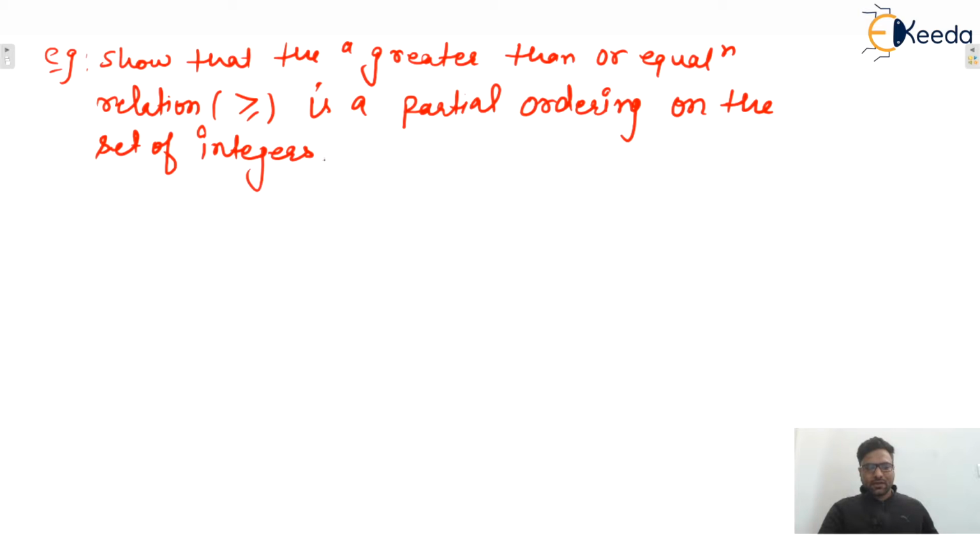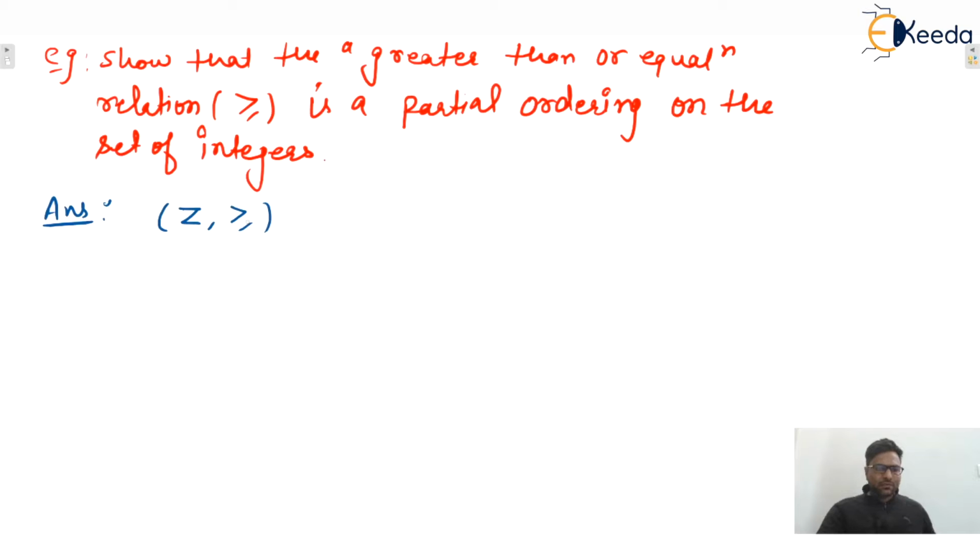That means the set is given, the set of integers, and the relation is greater than or equal to. Now we need to prove whether this is a partial order or not, a poset or not.